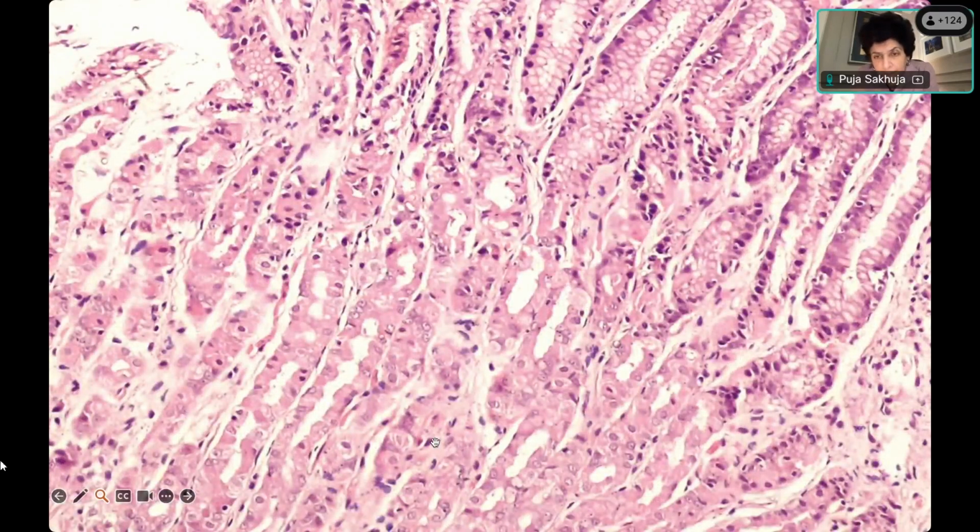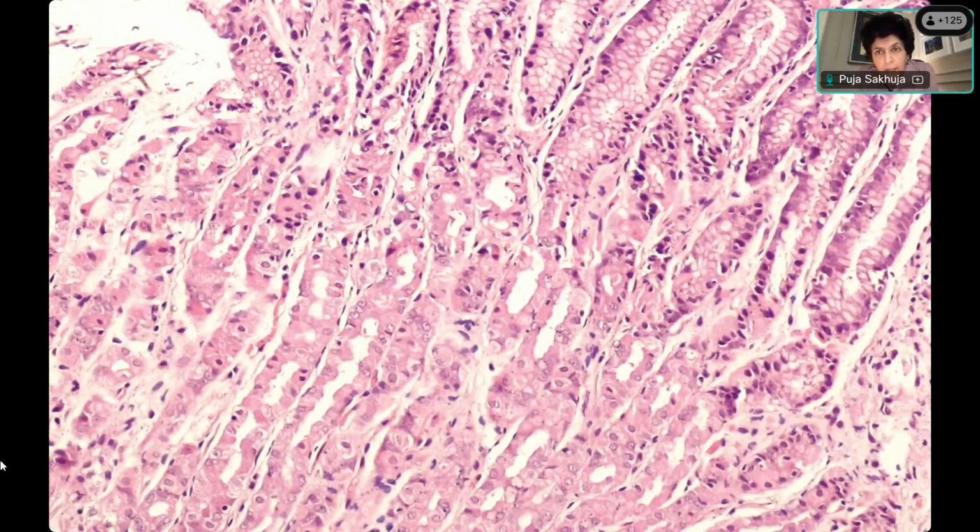Where do you get this? You get them in the fundus and body. In the antrum you have fewer of these specialized cells and more mucinous cells even in the base.